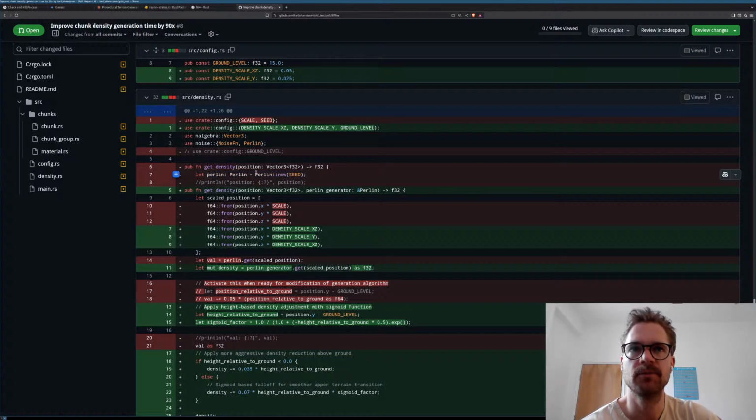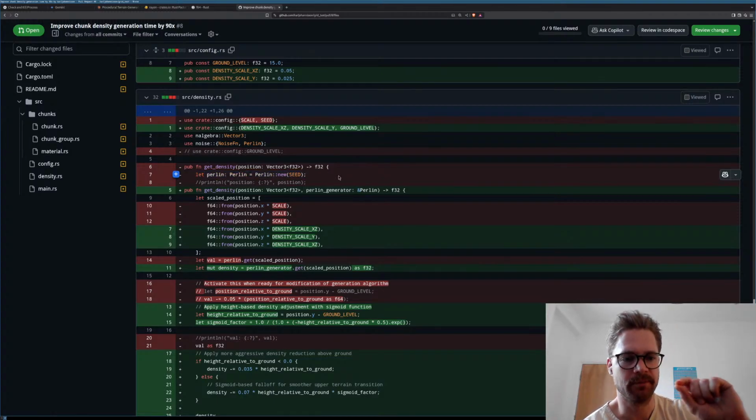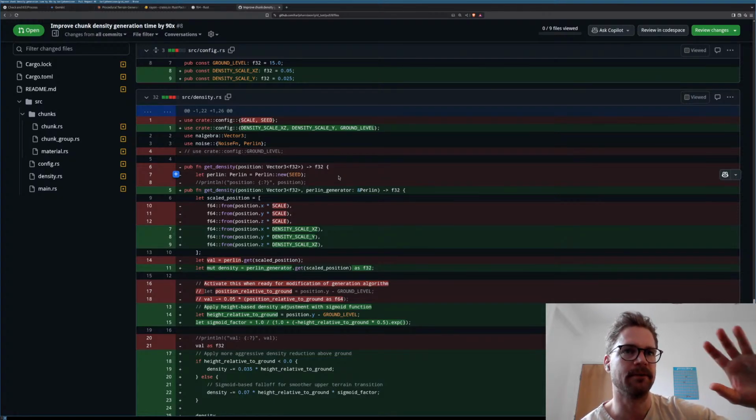I created a new Perlin instance with my seed for every point in the world, and there are 500,000 points. That operation seemed to have taken 85 milliseconds, and the whole time it took for one point was 90. So that reduced it from 90 to 5 milliseconds.